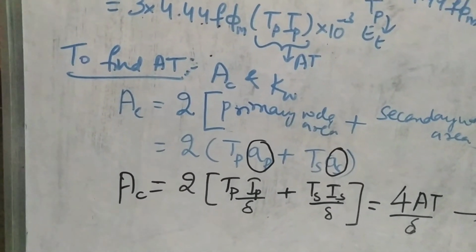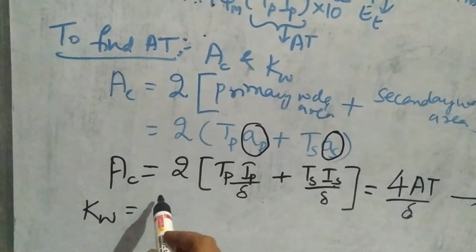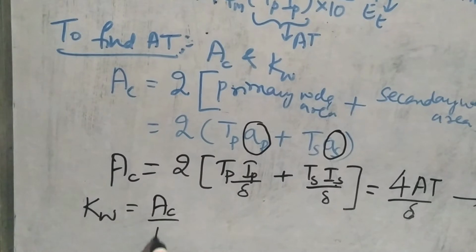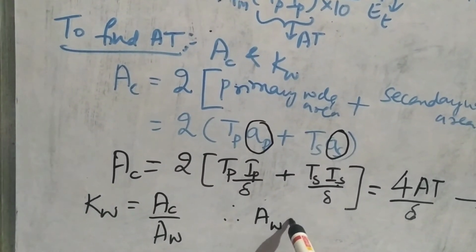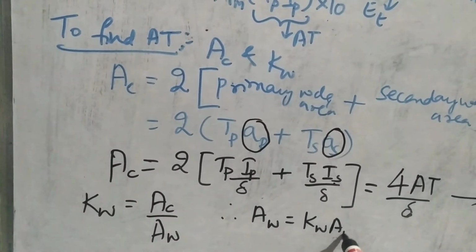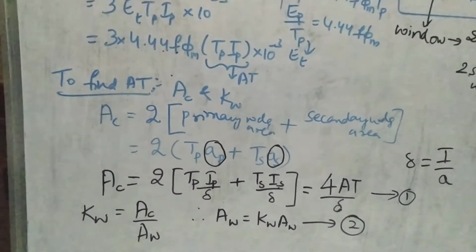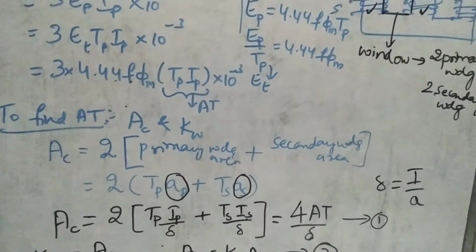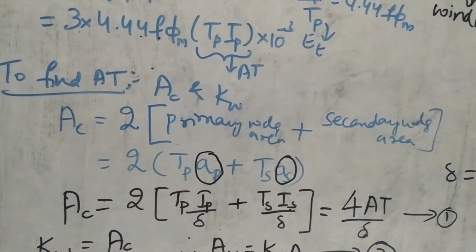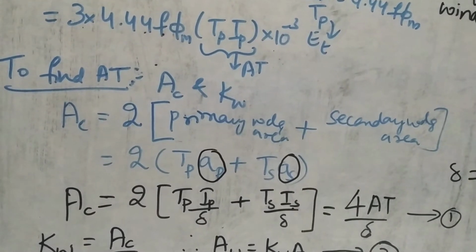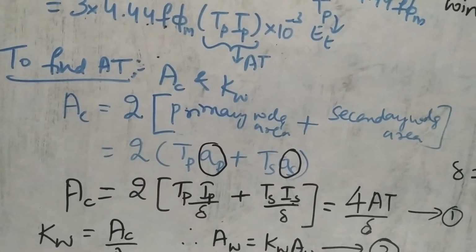Now let us realize kW. What do you know about kW? It's the window space factor, which is defined as the ratio of AC by AW. Therefore, AC can be written as kW into AW. This is equation number 2. When you equate equations 1 and 2, we get 4 times AT by delta is equal to kW into AW.